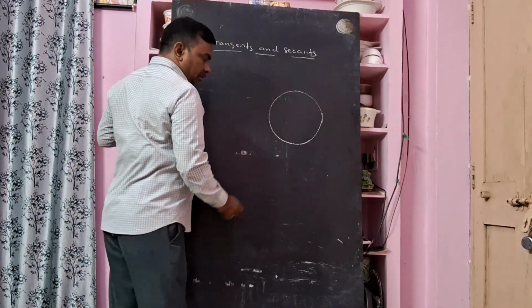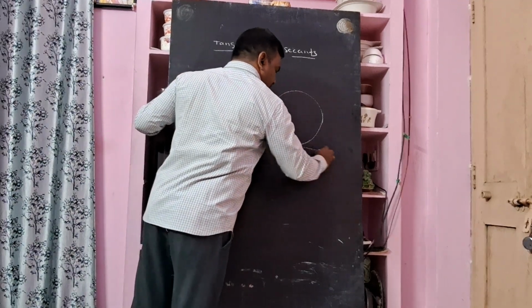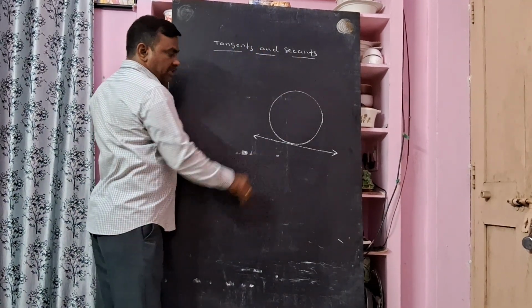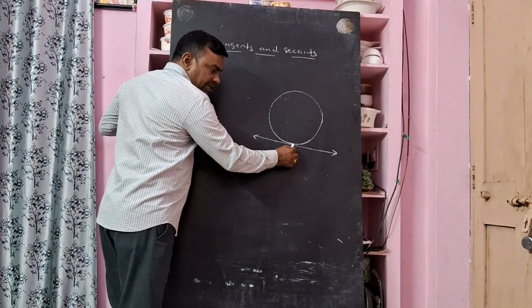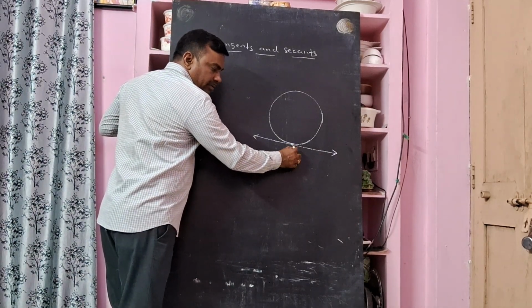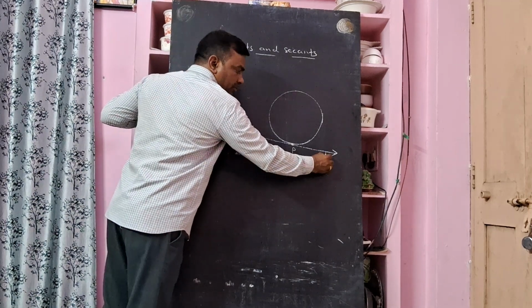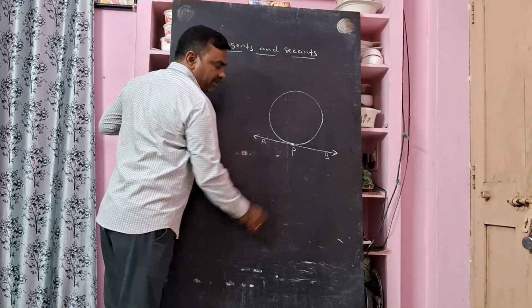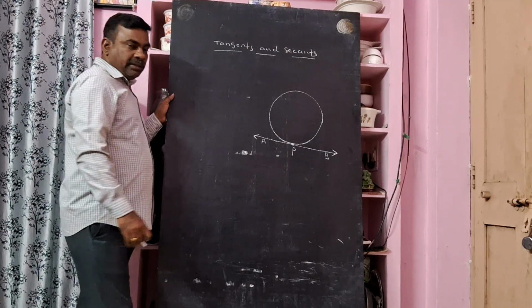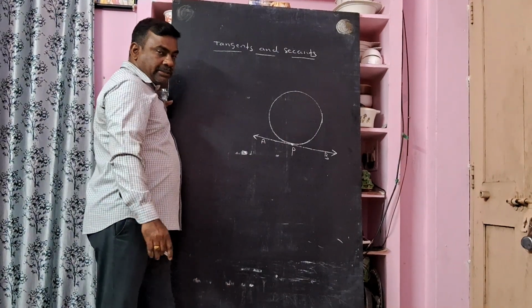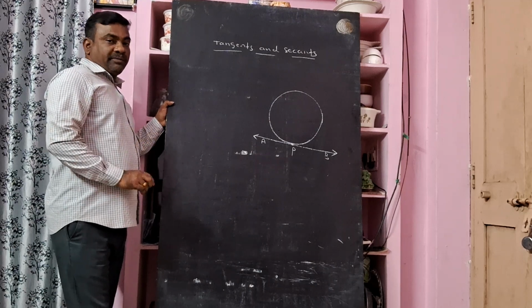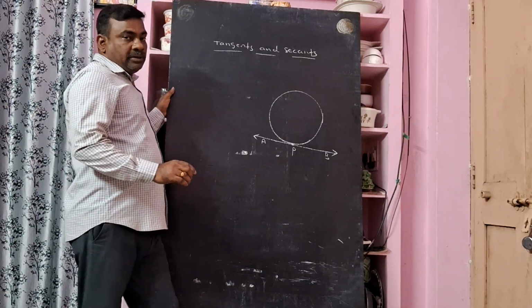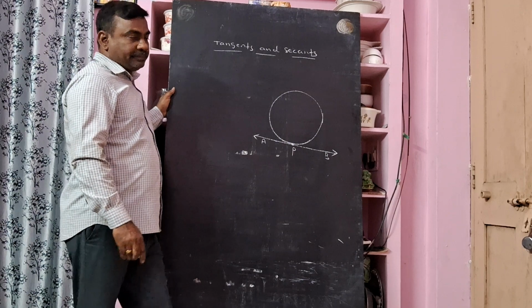This is the tangent. AB is the tangent, and the point of contact is P. A tangent to a circle is perpendicular to the radius through the point of contact. This is the statement of one of the important theorems.